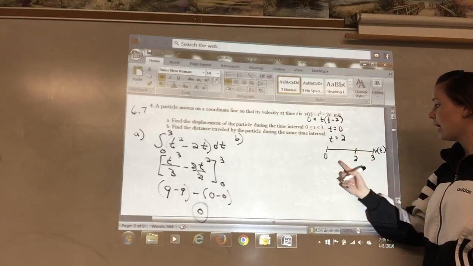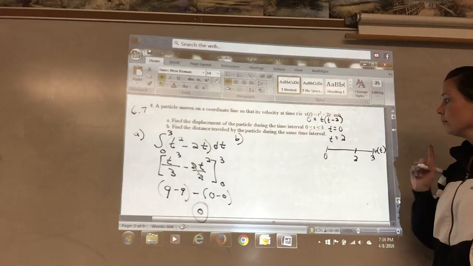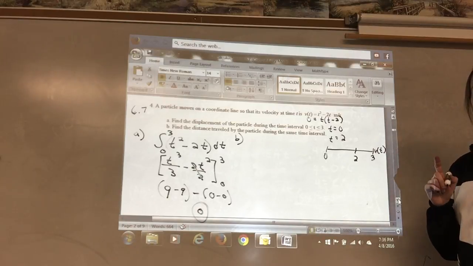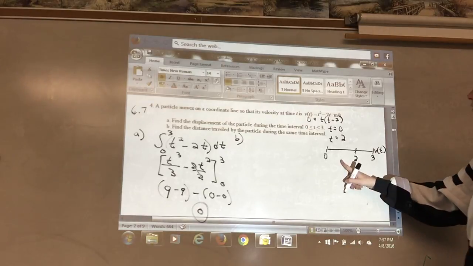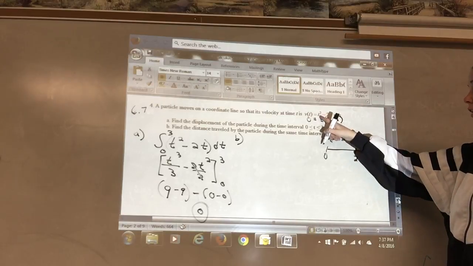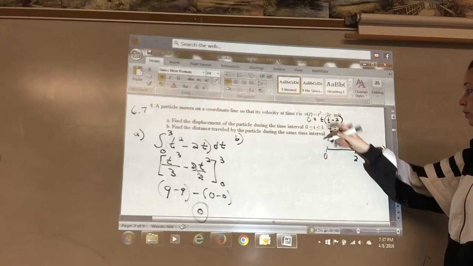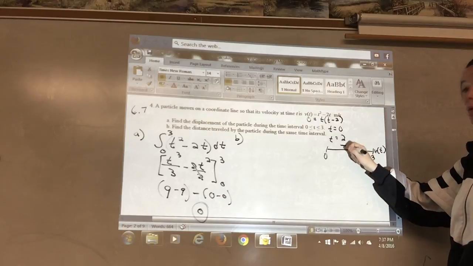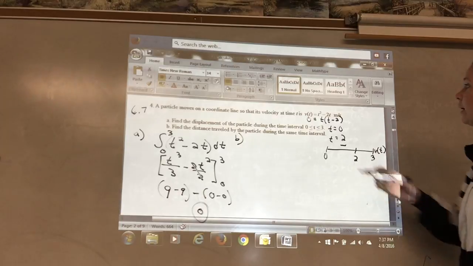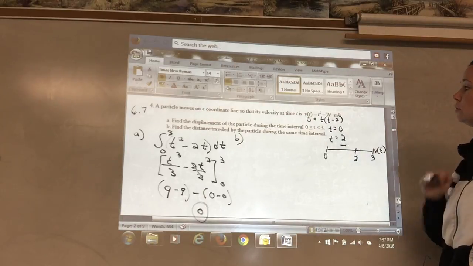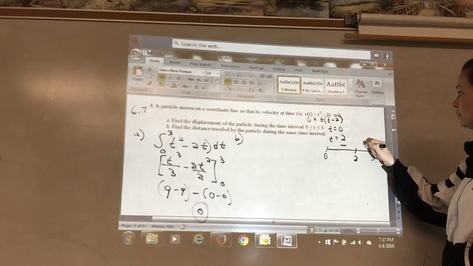What I need to do now is figure out if I'm positive or negative in those regions. So I'm going to sub some values into this. Let's sub in 1. If I sub in 1 to my velocity curve, that would be 1 minus 2, and I get a negative. So we have to watch for that. If I sub in, say, 2.5, 2.5 squared minus 2 times 2.5, that's going to get me a positive.